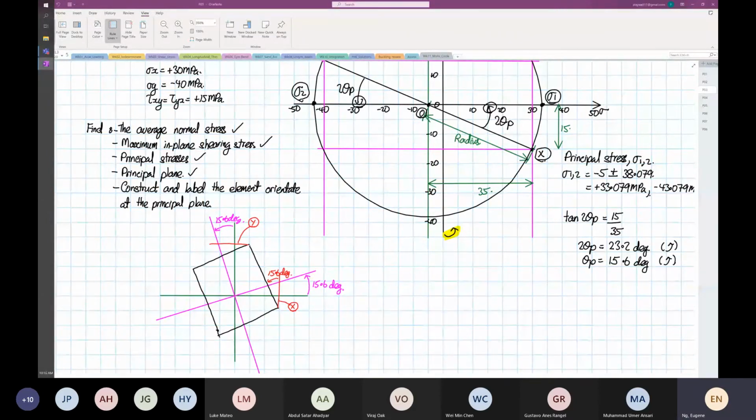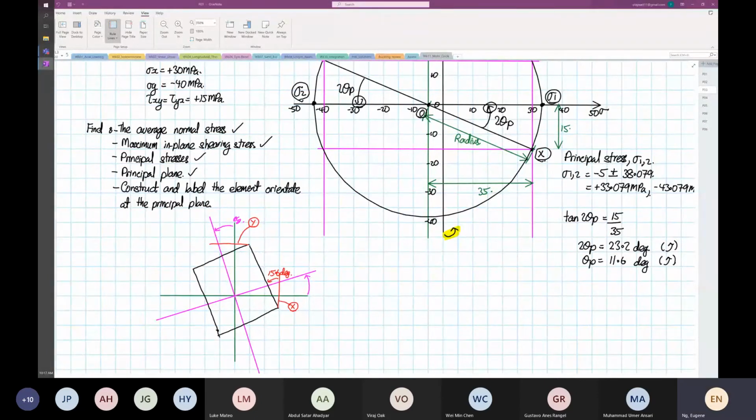On Mohr circle, how do I get 15.6? I think I pressed the wrong number. 15 divided by 35, inverse tangent is equal to 23.2. So 23.2 divided by 2 is 11.6. Sorry, it's 11.6 degrees. I don't know why I called it 15 point. I do apologize.